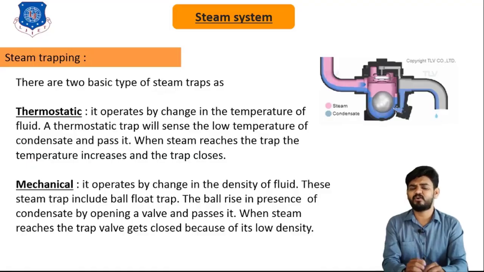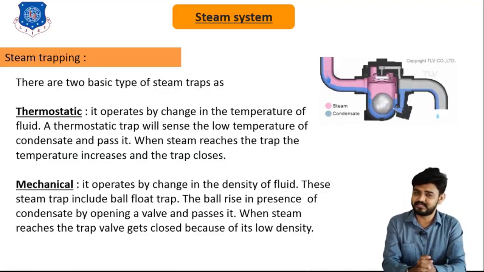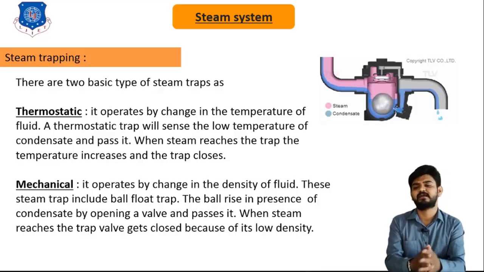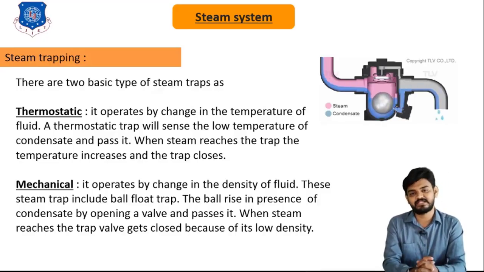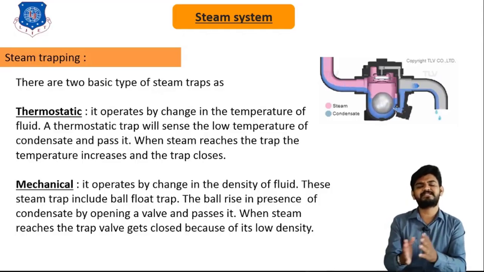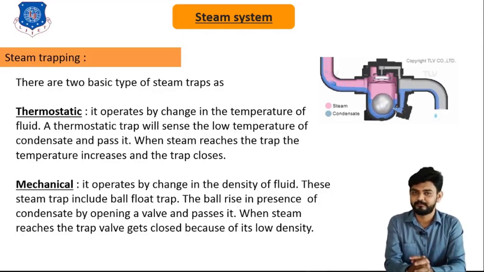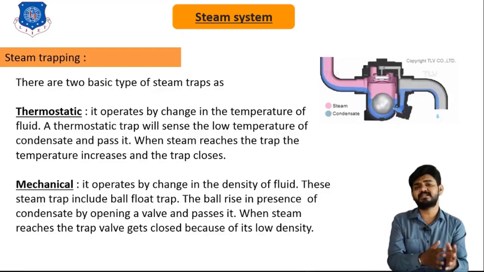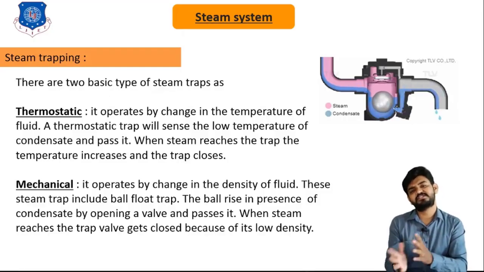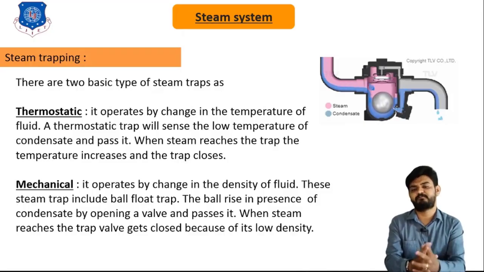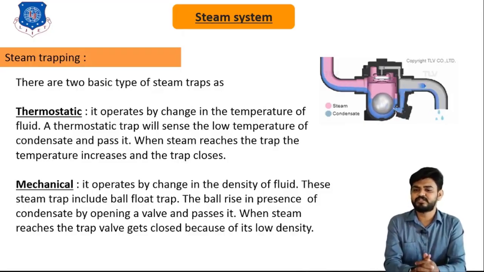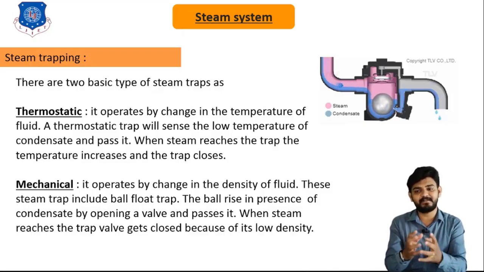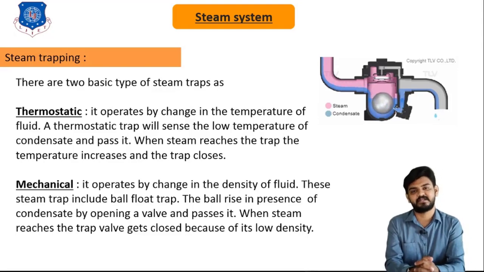So now let's see what different steam traps are available. Well, there are two different types of steam trap. One is thermostatic and the other is the mechanical steam trap. The thermostatic steam trap operates by a change in the temperature of the fluid. So whenever there is a change in temperature of the fluid, this steam trap works on the principle of temperature. The thermostatic trap will sense the low temperature of condensate and pass it.